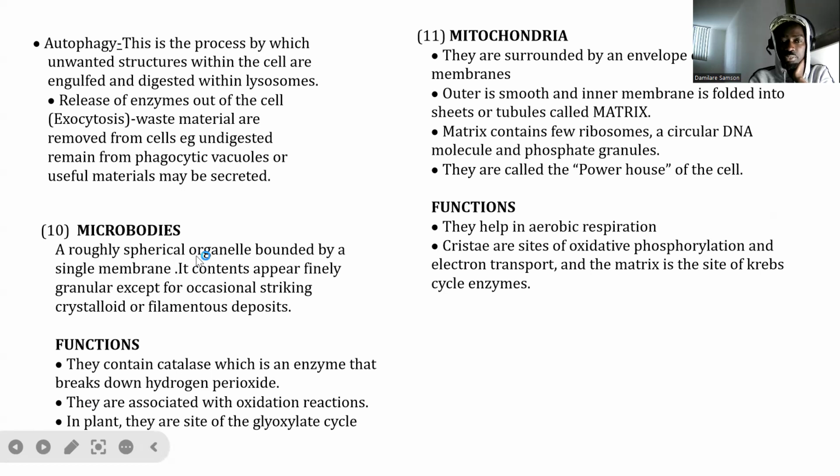Microbodies are roughly spherical organelles bounded by a single membrane, not like the nucleus and mitochondria that have a double membrane. They appear finely granular, except for occasional striking crystalloids of filamentous deposits.